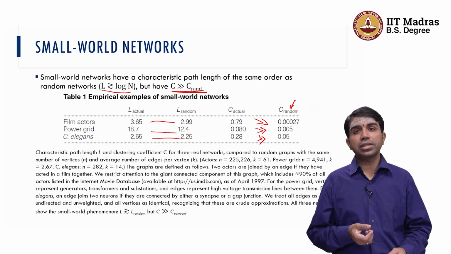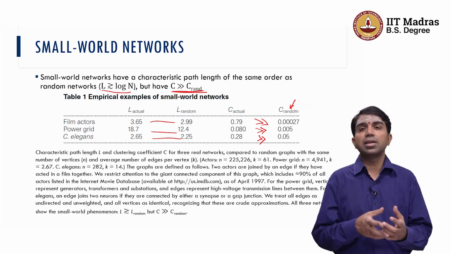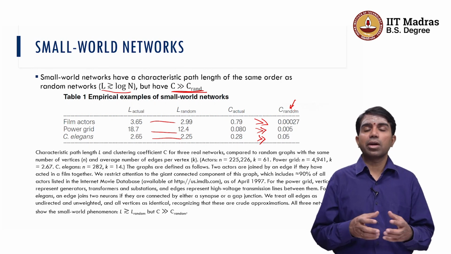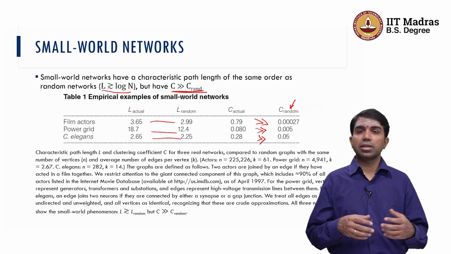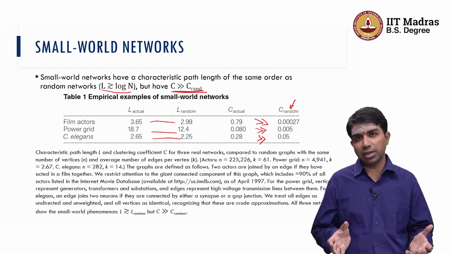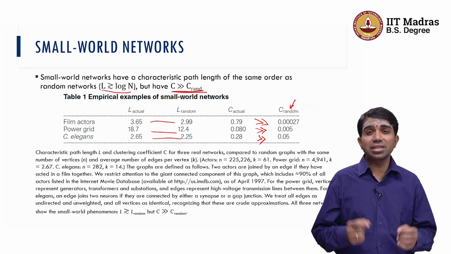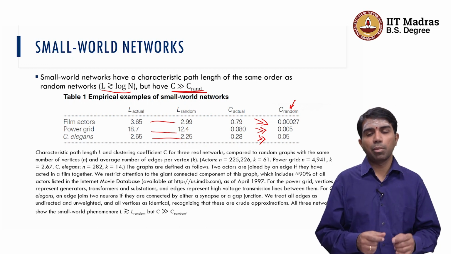Now we have a second feature being captured, which is high clustering, because in the real world you always find a lot of clustering, be it in social networks or protein interaction networks or whatever real world network you look at. This is now captured by the Watts Strogatz small world network model.